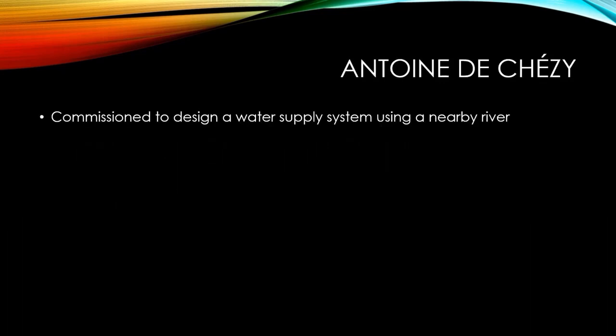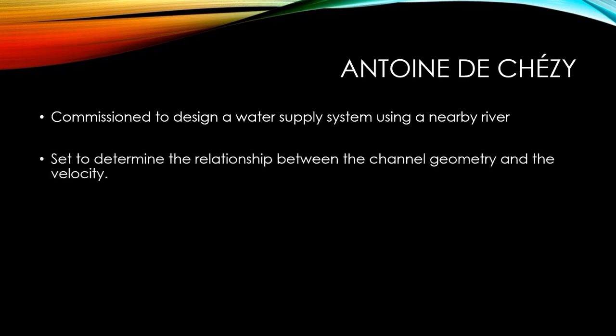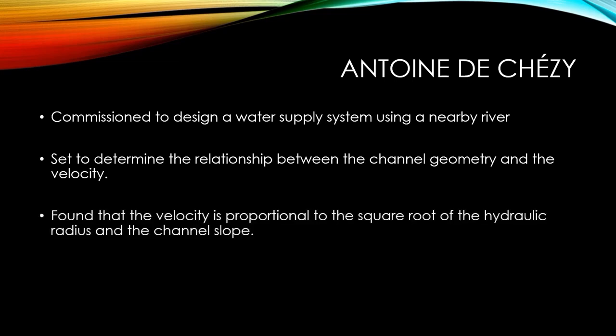Antoine de Chezy was a French hydraulic engineer who was commissioned to design a water supply system using a nearby river, the Yvette River. He was set to determine the relationship between the channel geometry and the river velocity. However, there was no literature at the time that gave this relationship, so he made his own analysis. In his analysis, he found that the velocity was proportional to the square root of the hydraulic radius and the channel slope.